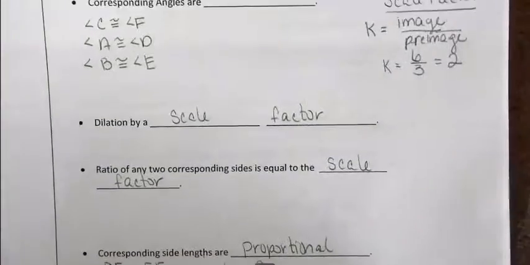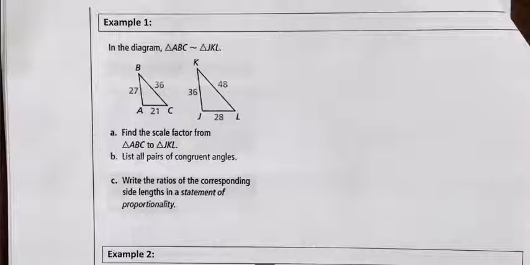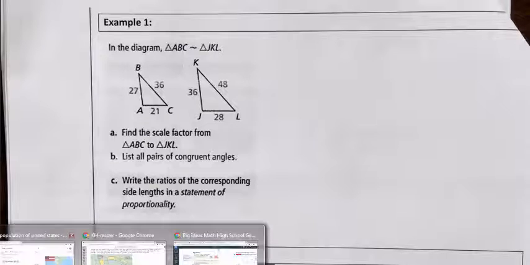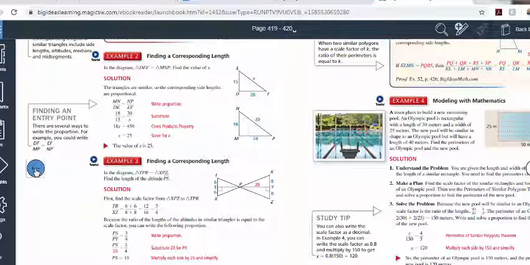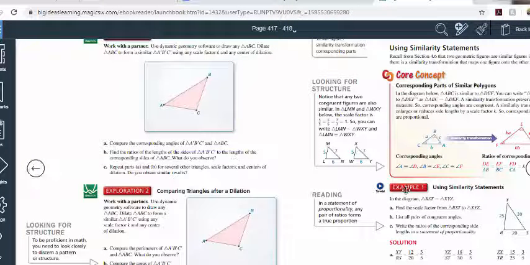Okay, so the rest of this, I believe, are examples. And you can find these examples in your big ideas. So, for example 1, you're going to go back to the first example 1, which is right here.